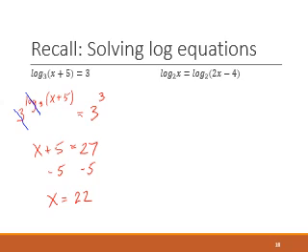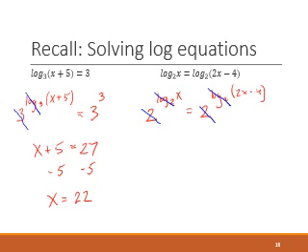So on the second problem, we can do a similar sort of thing. Both of these are log base 2. So we would just think of it as take the left-hand side and turn it into an exponent with a base of 2, do the same thing on the right-hand side, make it an exponent with a base of 2. Once again, you have an exponential with a base of 2 and a logarithm with a base of 2, except this time you have it on both sides, which means they're going to cancel.